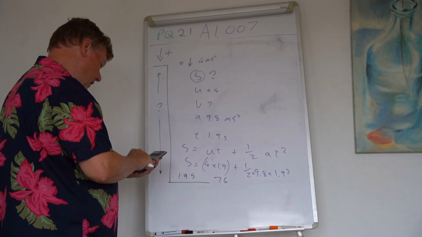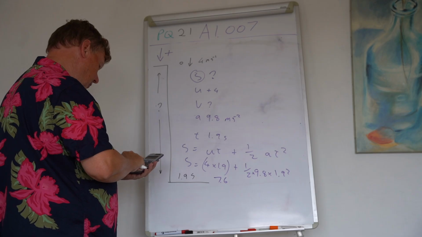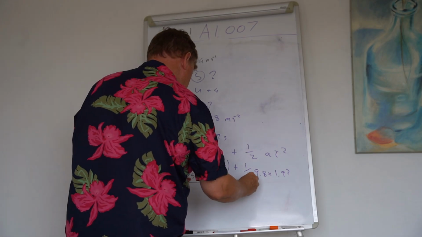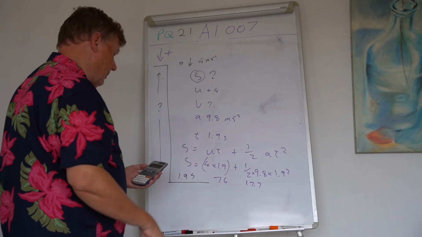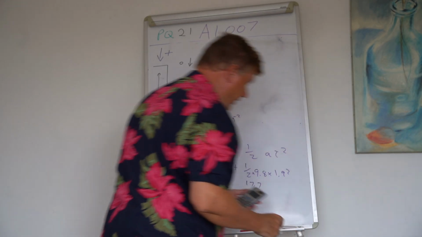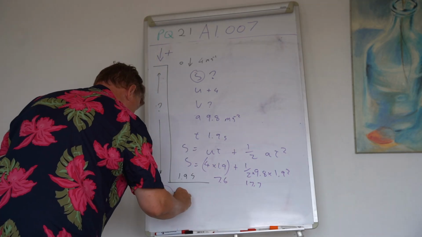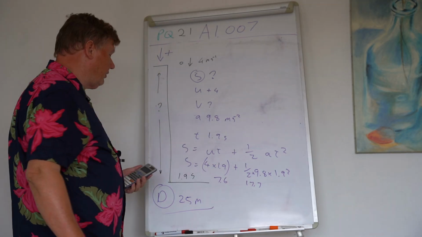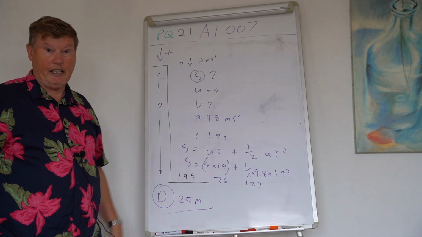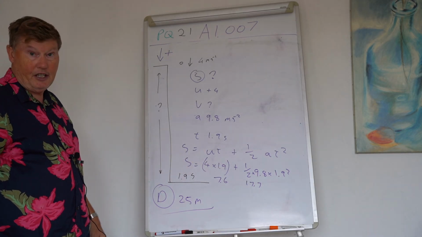A half times 9.8 times 1.9 squared is 17.7. Add them together, I get an answer of about 25 metres. And in the book, oh looky, answer D, 25 metres. There you go, straightforward. You've been given T, it's just a lot of work on the calculator. 25 metres is the answer.